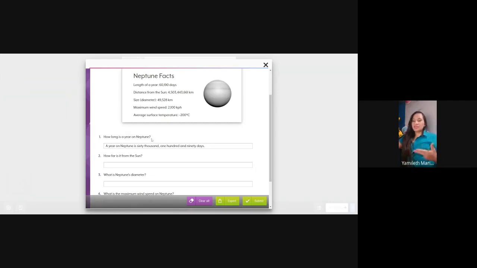The first is already written here. How long is a year on Neptune? A year on Neptune is 60,190 days. What about number 2? How far is it from the sun?